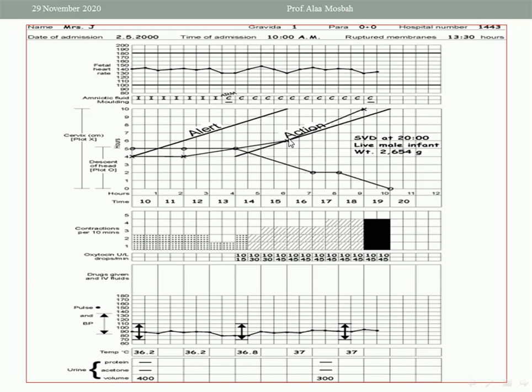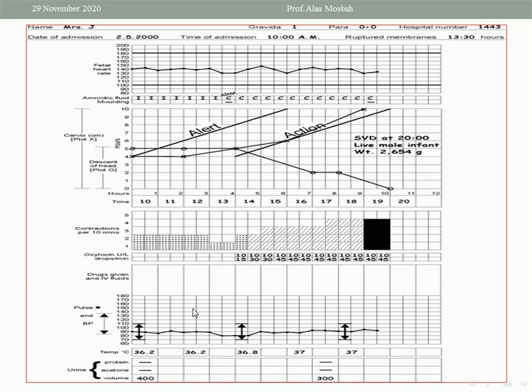Although with intervention with oxytocin infusion and good uterine contraction, cervical dilatation progressed better and reached 10 centimeters. So yes, vaginal delivery, but it was a difficult case because it crossed the alert line, should be on the left side of the alert line, and reached the action line, then again to the left side of the action line.